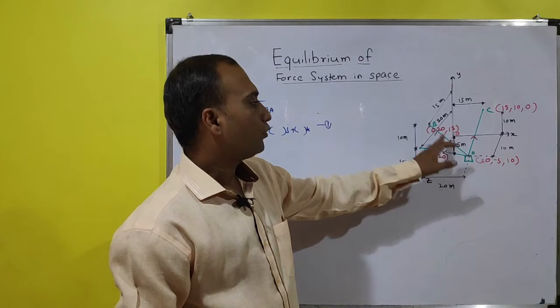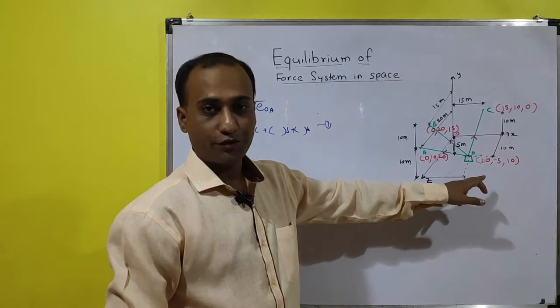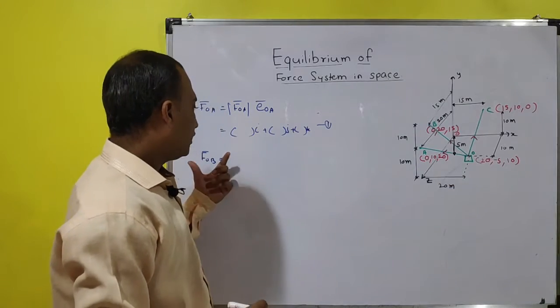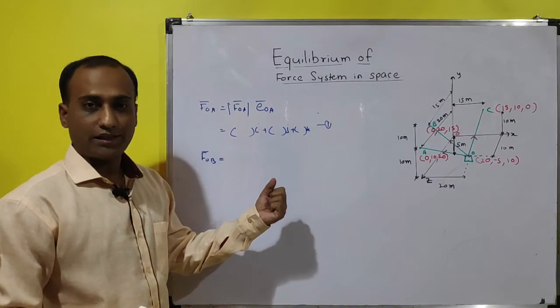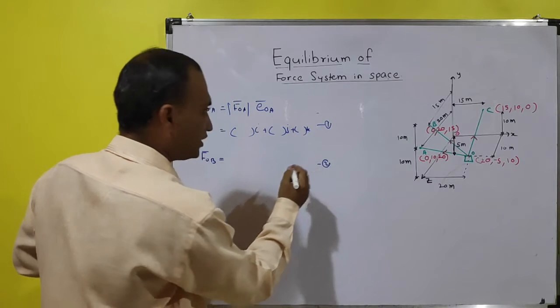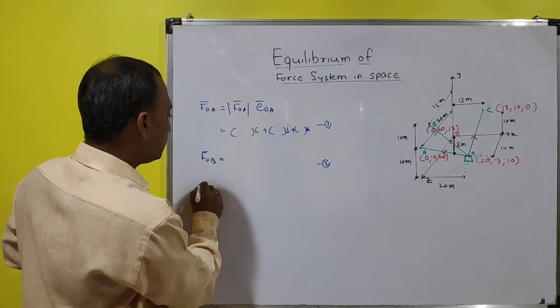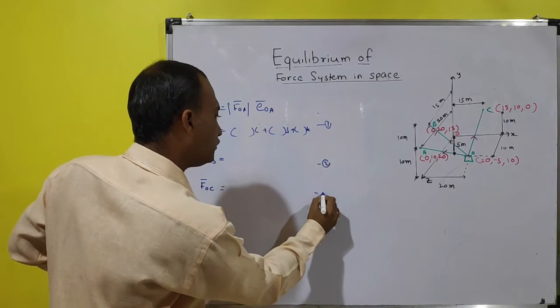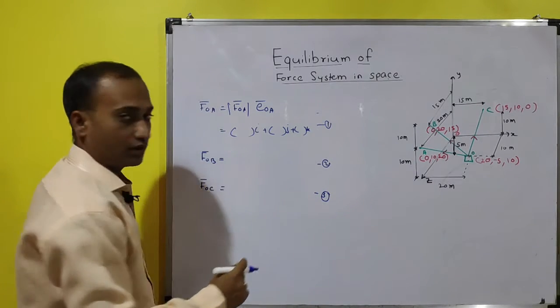For OB, next coordinates minus previous coordinates, that is how you can calculate the unit vector and write down the complete unit vector equation. That will be our equation number 2. Similarly, you have to write the force vector equation for OC, and this is your equation number 3.